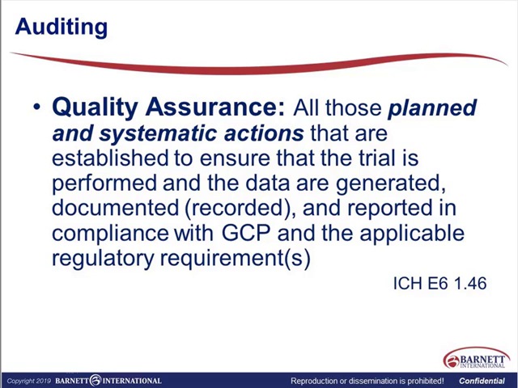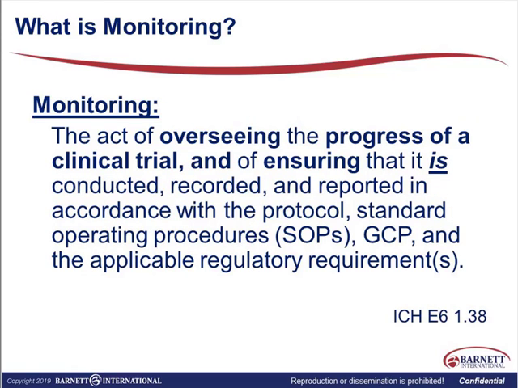Monitors, auditors, regulatory authorities. Monitoring is the act of overseeing the progress of a trial and making sure that it is being conducted in accordance with the regulations and guidelines and SOPs and GCP. It is an in-process task. So you are there during the processing of the data. We want to make sure that we're not just focused on the data, but the systems that generate that data.